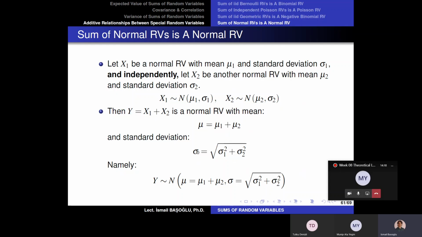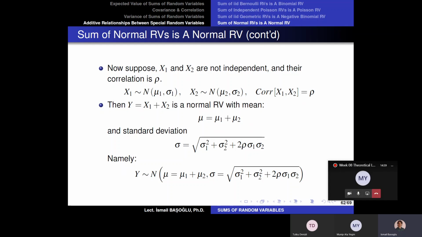Or in other words, the variance of the random variable y will be equal to the sum of the variances of x1 and x2, as you can see here. After taking the square root of the sum of the variances, we get the standard deviation of y. So namely, if we have two independent normal random variables, their sum is going to be normally distributed with location parameter as the sum of respective location parameters, and with scale parameter as the square root of the sum of the respective variances.